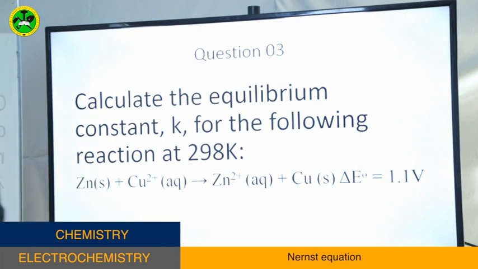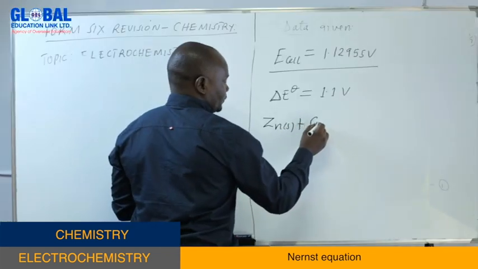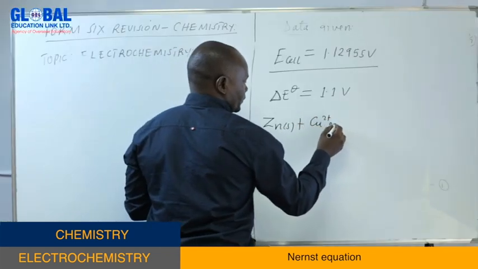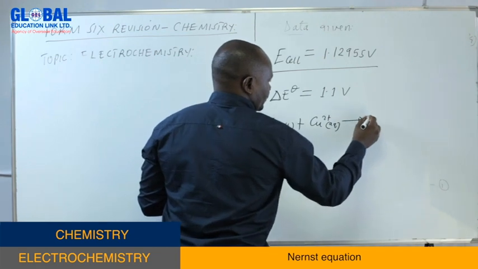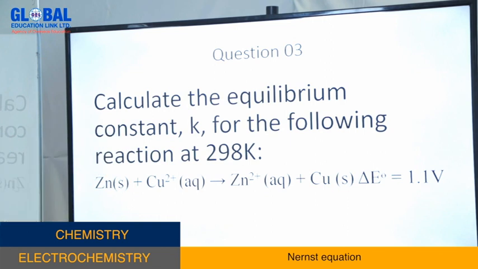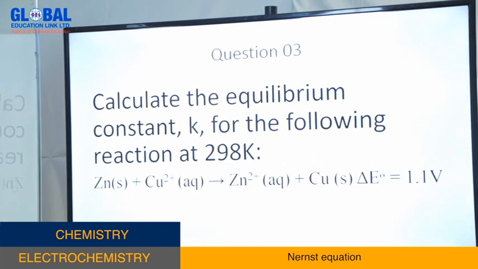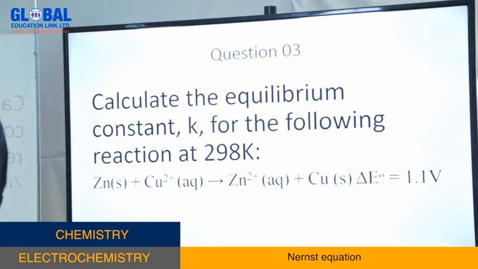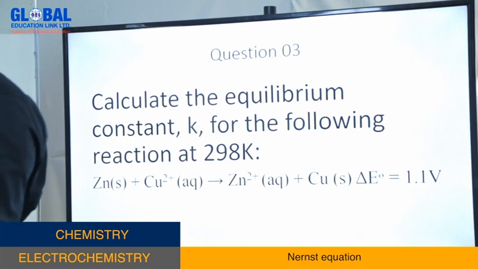And our cell equation is zinc solid plus copper 2+ ions forming zinc 2+ ions plus copper solid. So that is the overall equation of that redox reaction.